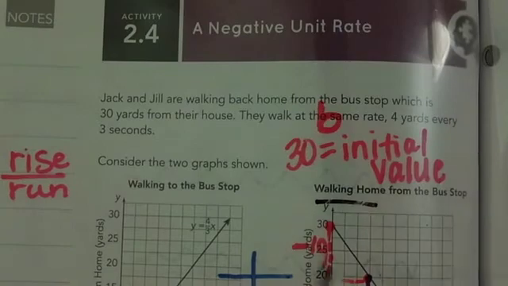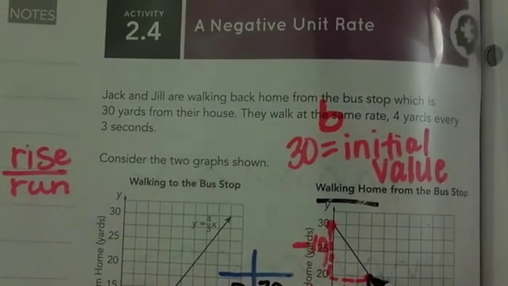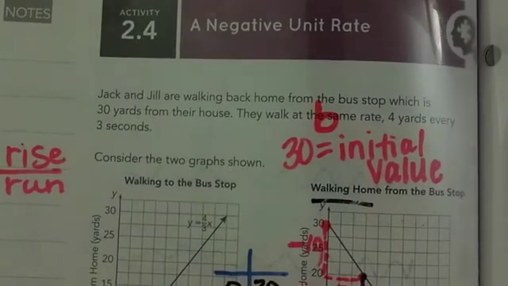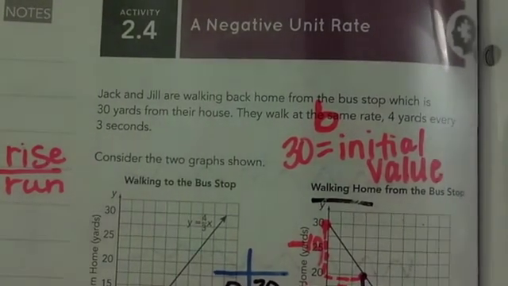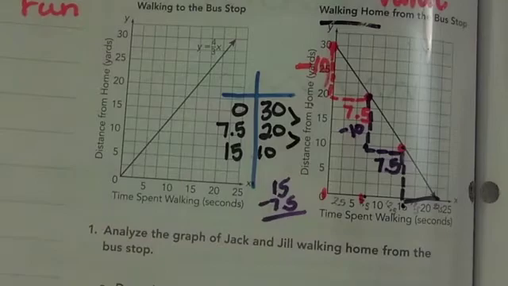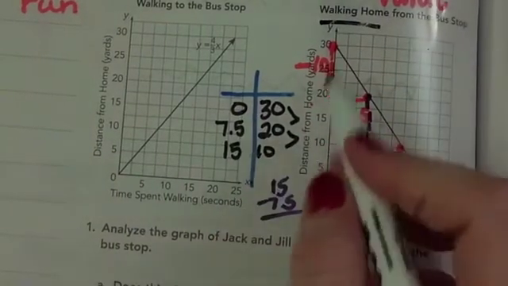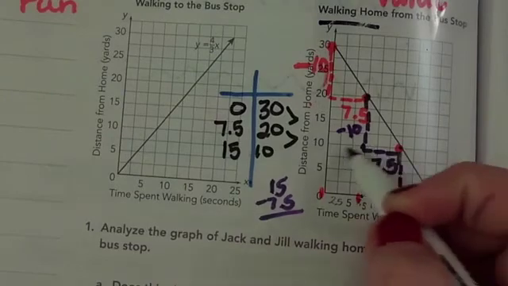So we had the point (0, 30). This point was at (7.5, 20). This point was at (15, 10). And you could find the slope the same way we had been doing. Sorry, you could not see that whenever I was writing. But I did (0, 30) from that point, (7.5, 20) and (15, 10).